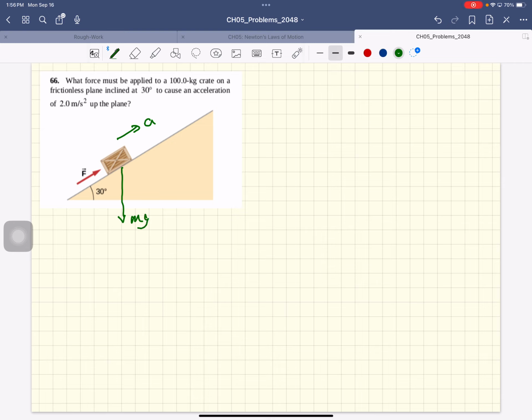We just learned all this. There's the weight of the crate. It's frictionless. This guy is mg cosine theta. This guy is mg sine theta. So gravity wants to pull the crate down. If you want the crate to accelerate upward, you have to apply a force.